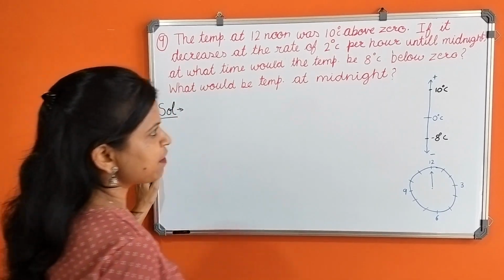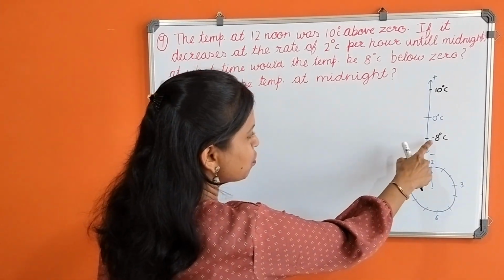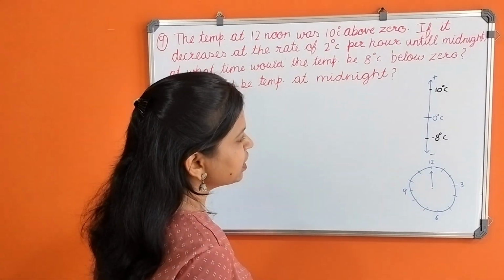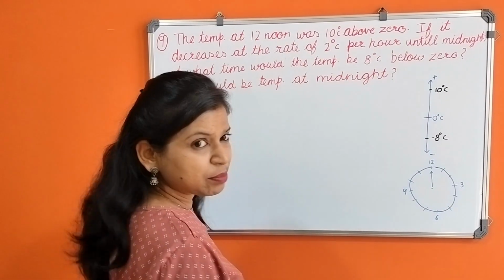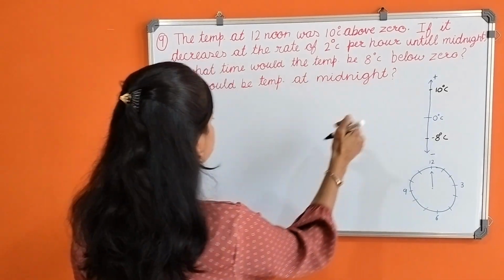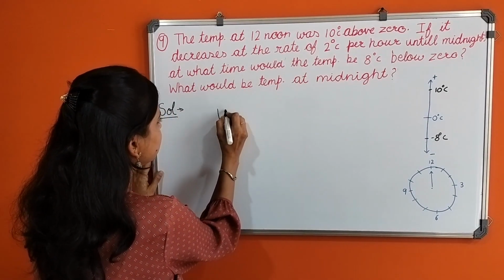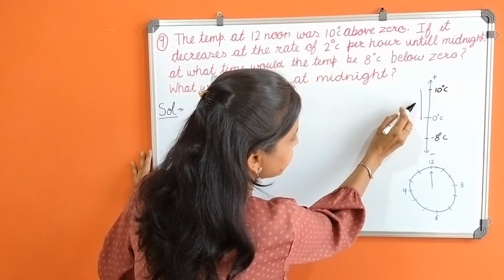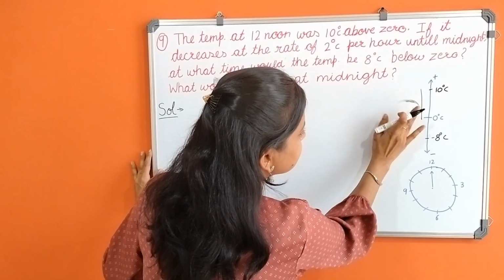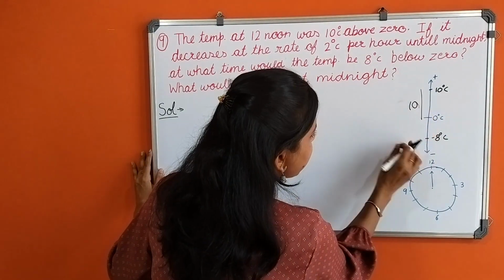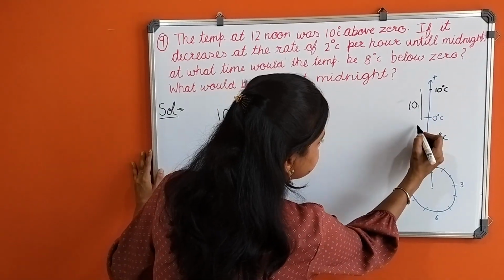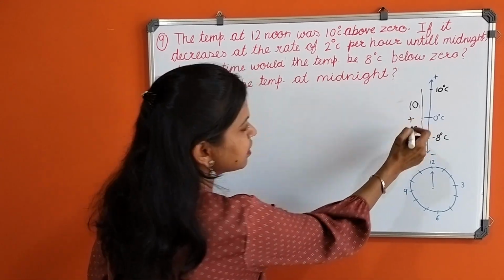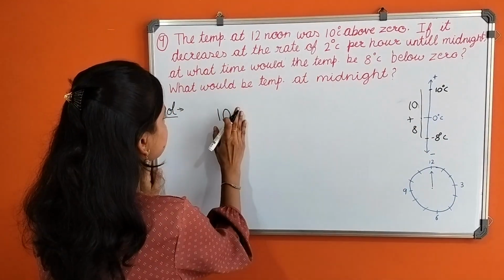So, first we will find that to become minus 8 degree, how many temperature changes there. So, earlier it was 10 degree. See, here to here 10 degree. And here to here 8 degree changes. So, total 18 degree changes there.